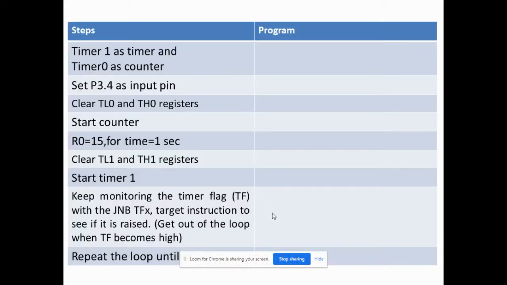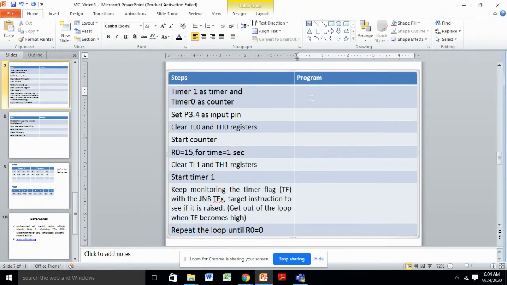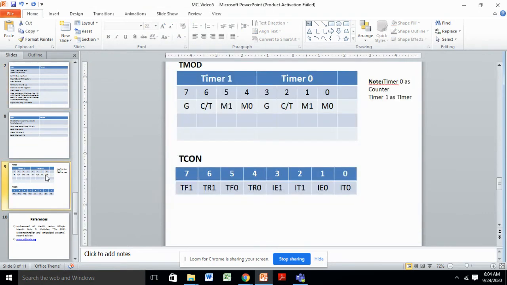Now we will see this frequency counter programming step by step. The very first step is we need to initialize the timer and counter, and for doing this we can use the TMOD register. This TMOD register also I have explained in my previous video.